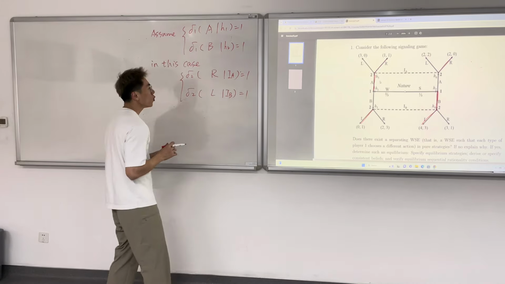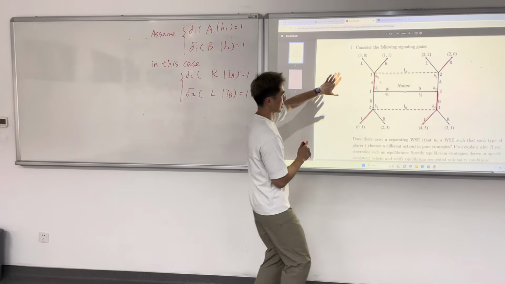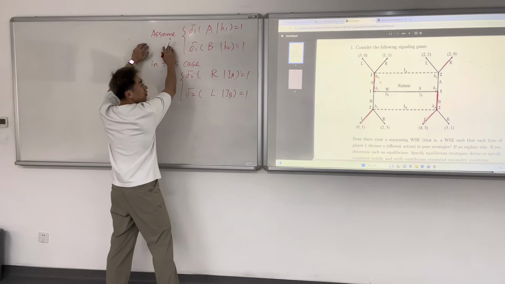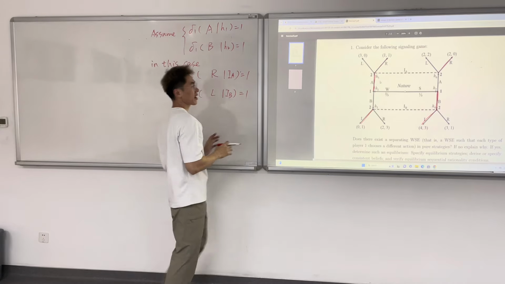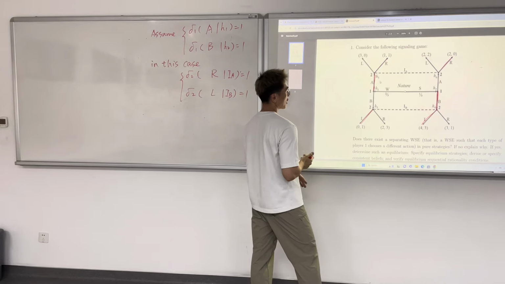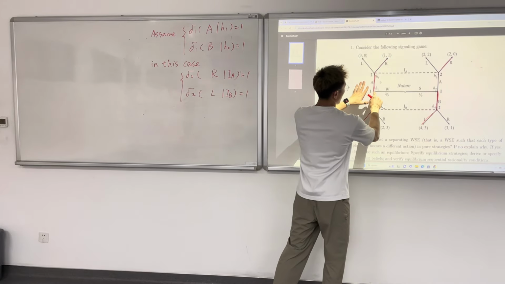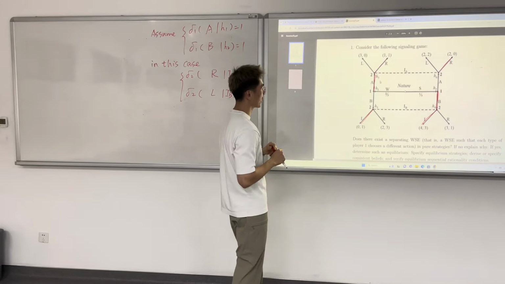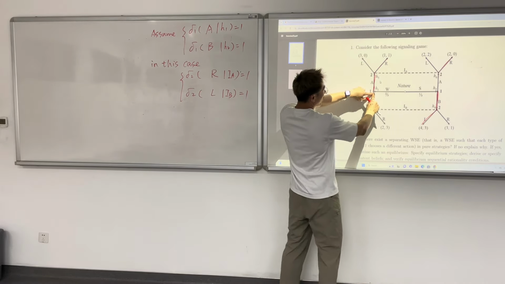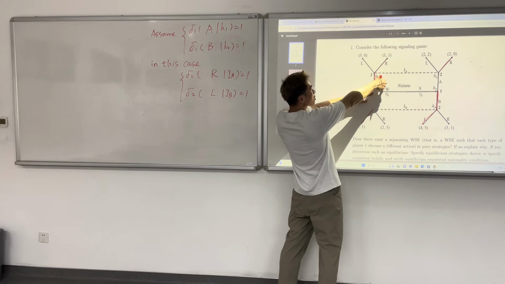Right. And what we need to do in the last step is confirm whether our assumption still sustains, whether player 1 will ever deviate to a different strategy. Now let's first look at player 1's strategy at H1.